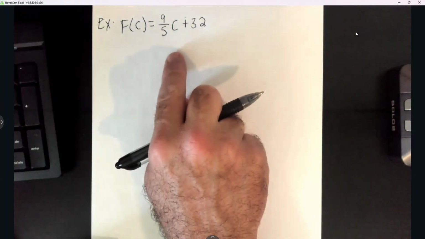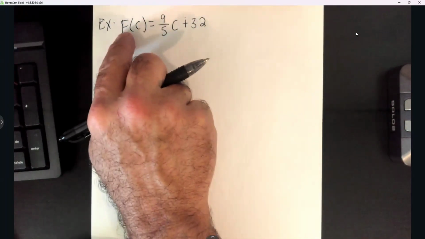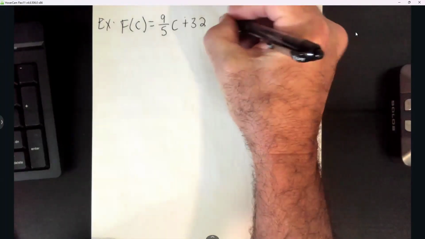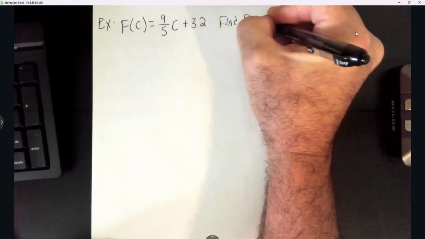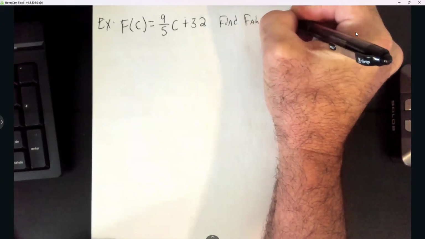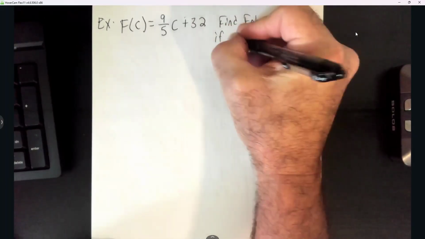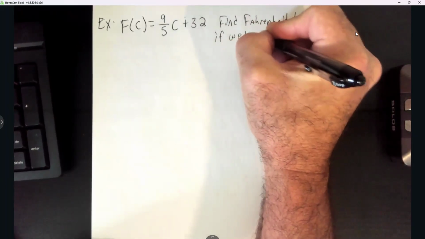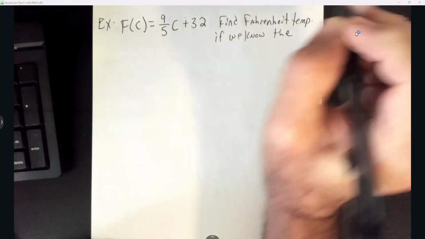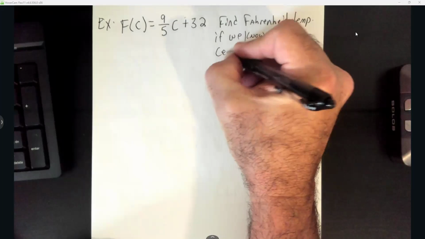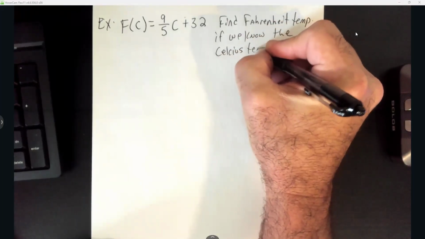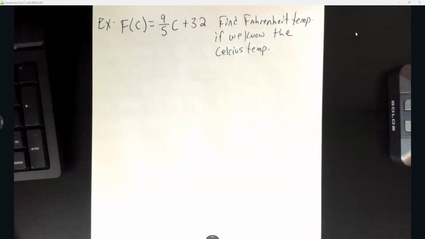But y'all, this formula is used to find the Fahrenheit temperature if we know the Celsius temperature. So I can convert it from Celsius into Fahrenheit.